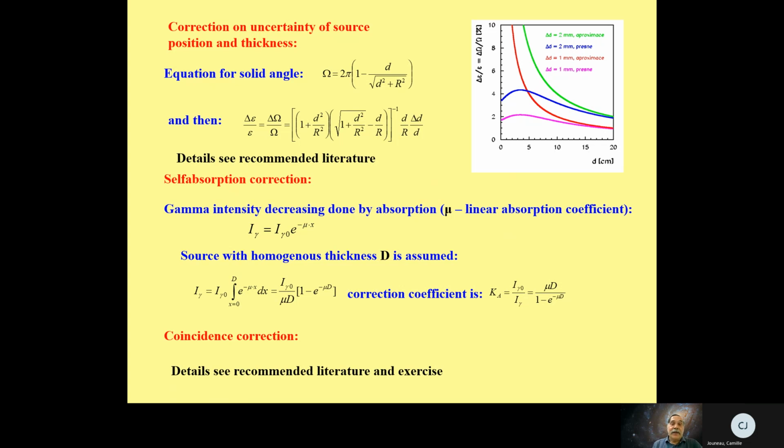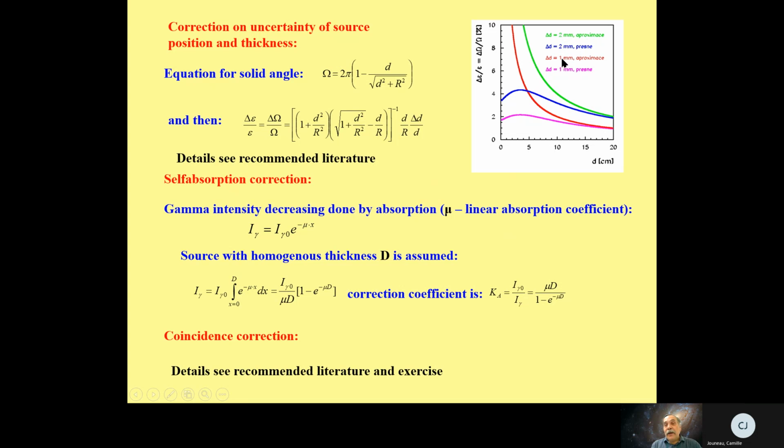This is really a simple thing which is possible to obtain from geometry, and here are some examples which show you how this relative uncertainty, which is given by the thickness, looks.